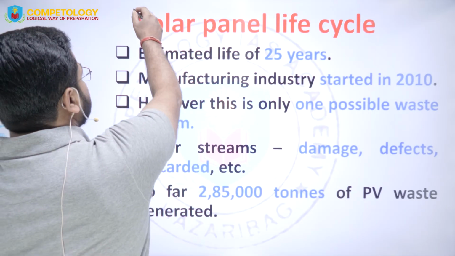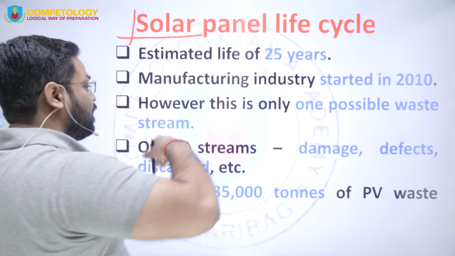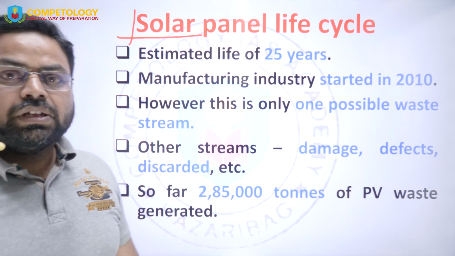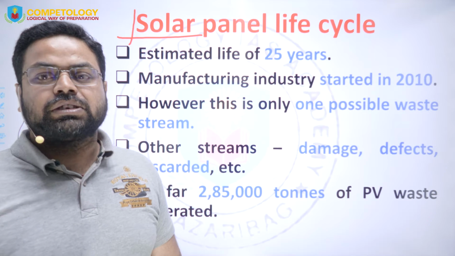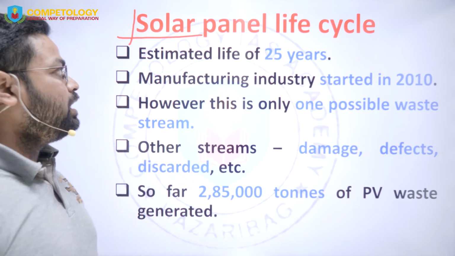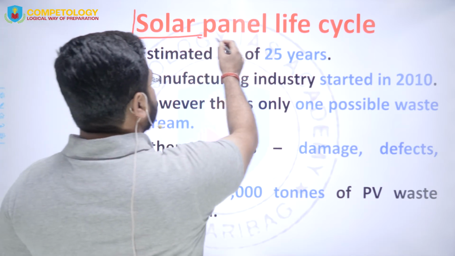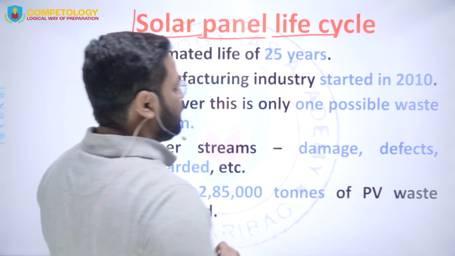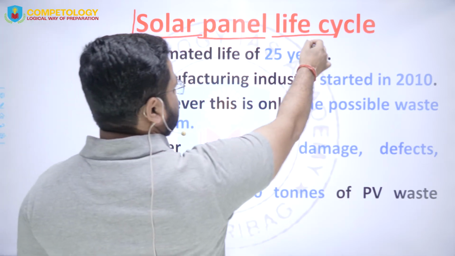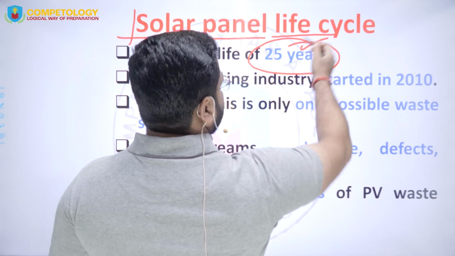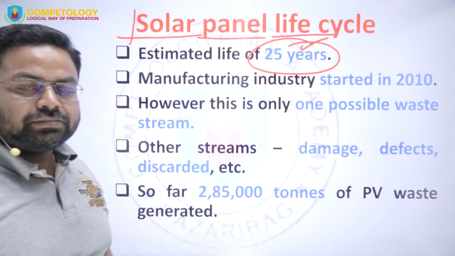And now if we talk about the waste, how is the waste generated? The main stream of waste generation is the end of life cycle. So let us see the solar panel life cycle. In general, the solar panel life cycle is estimated to be 25 years.